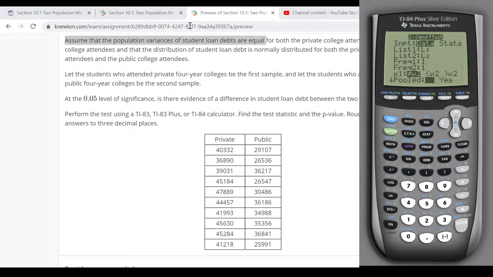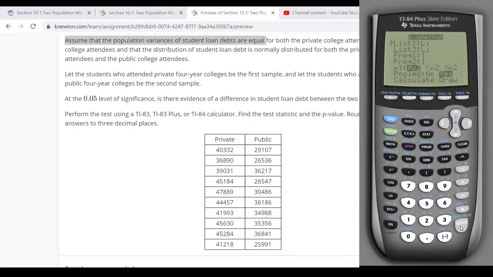And I showed you earlier, right? Remember, it's still highlighted here. Assume that the population variances of student loan debts are equal for both groups. If you're assuming the population variances or standard deviations are equal, that is a pooled scenario. So yes. If you're not assuming they're equal, then you'd go no there.